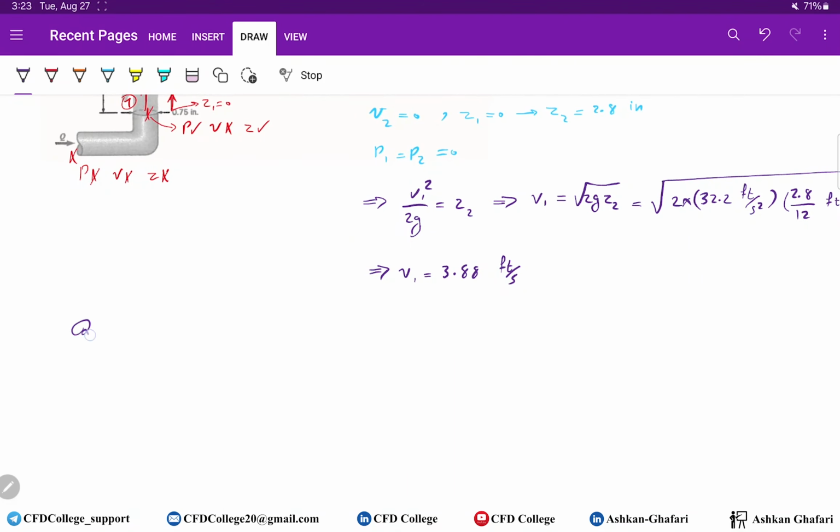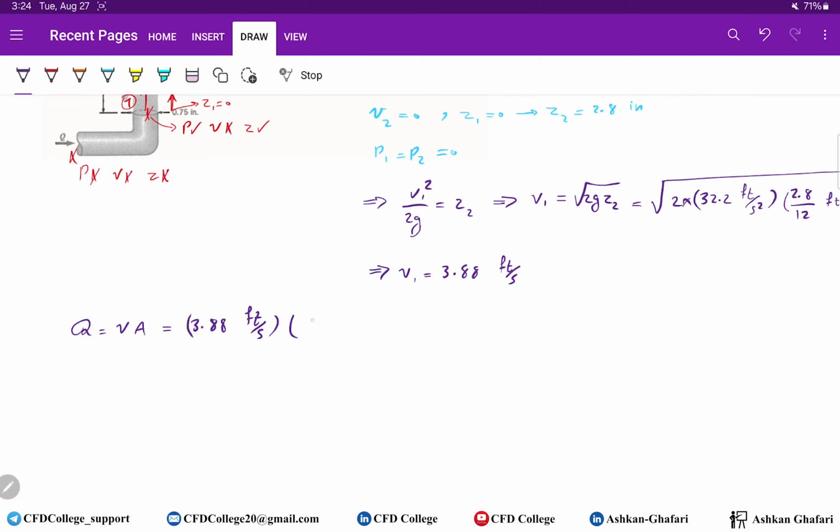flow rate. Flow rate Q is equal to V times area, velocity times area. We know V1, which is 3.88 feet per second, and we know the area.